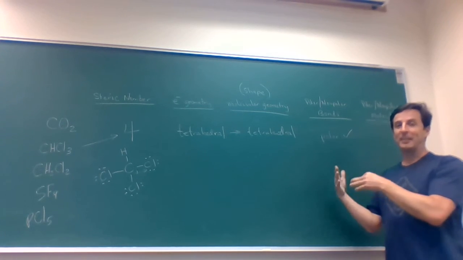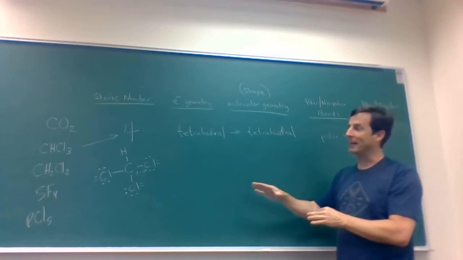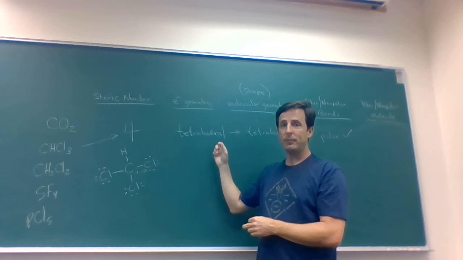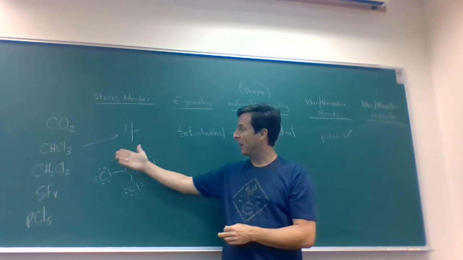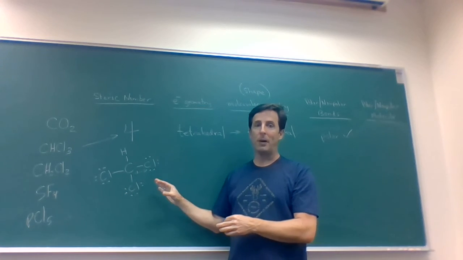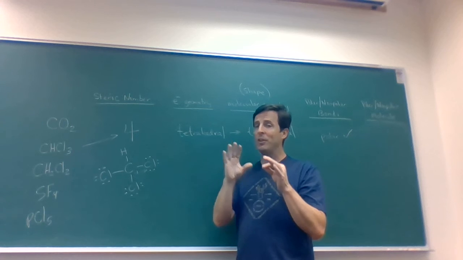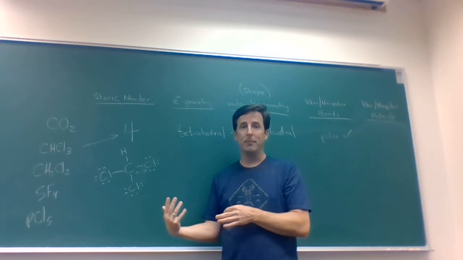That creates the possibility that the molecule might be polar. But then I have to look back and say, okay, I've got 4 bonds spread out tetrahedrally. Are they going to cancel out? Is this molecule symmetrical? Are the polar bonds evenly distributed all the way around? On this one, not quite, because the 4 groups around carbon are not all the same.